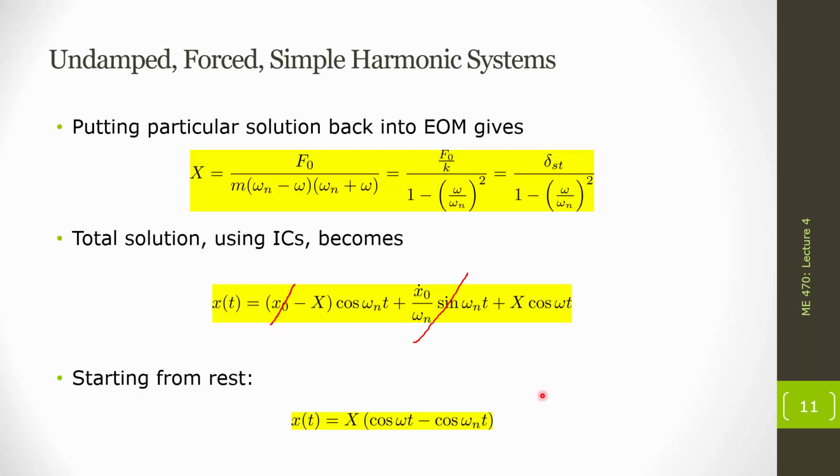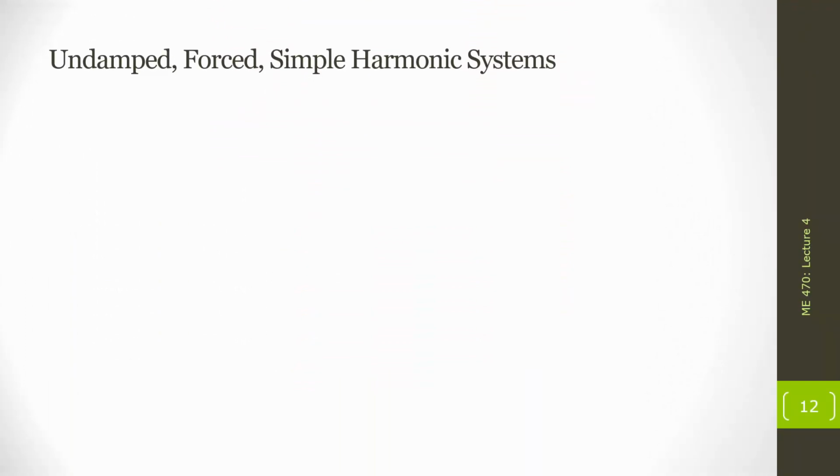So this was the case when our forcing function was a cosine function. This is what the total solution looked like up here. And then in the special case, when we started from rest, with 0 initial conditions, it simplified down to these oscillations. But another case we can have, which looks pretty similar to what we just saw, is where the left-hand side of our equation of motion looks exactly the same, but our forcing function is a sine.